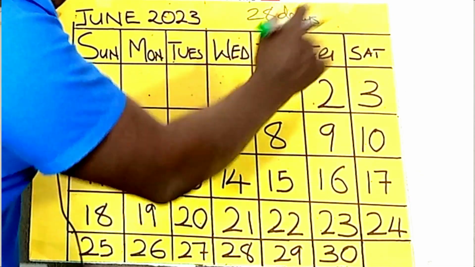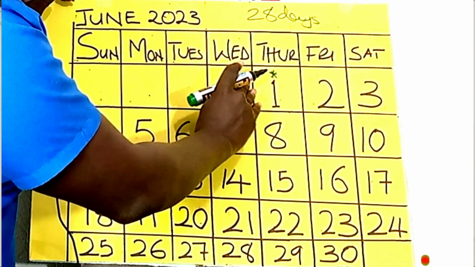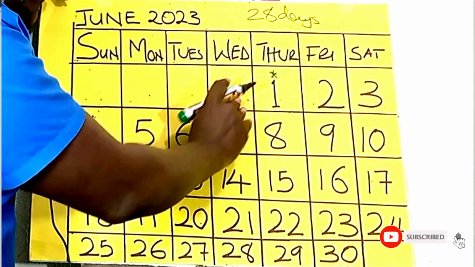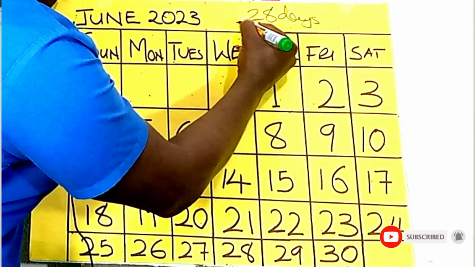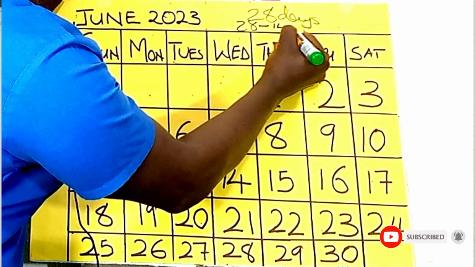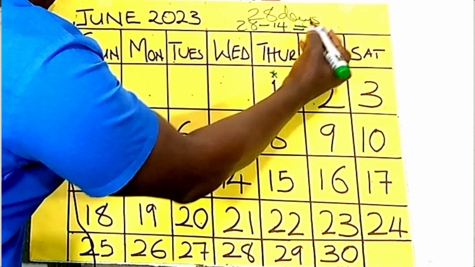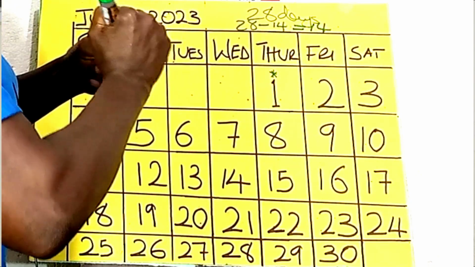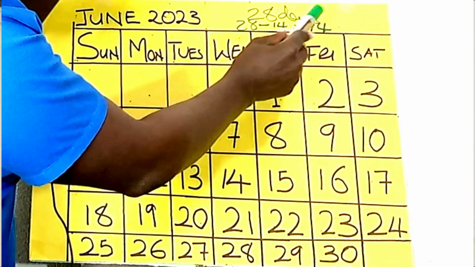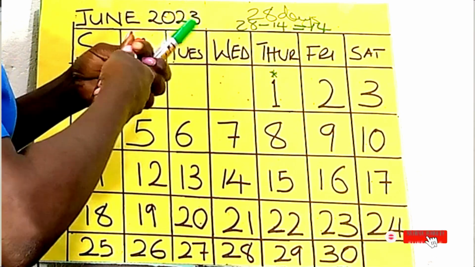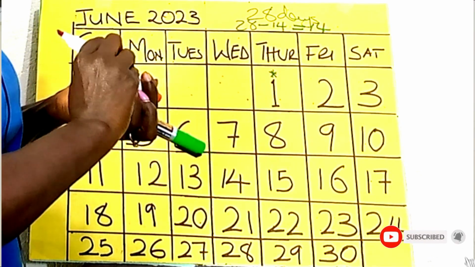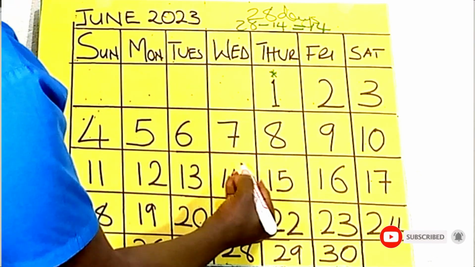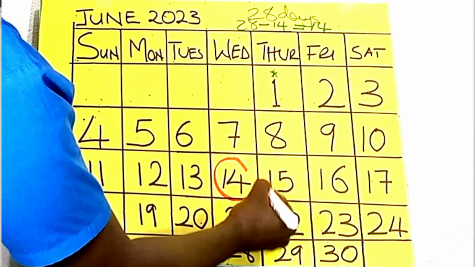First we calculate our ovulation day. That is 28 days minus 14, giving us 14 days. So our ovulation day is day 14 from the day the lady started her menstrual period. We are going to circle day 14.